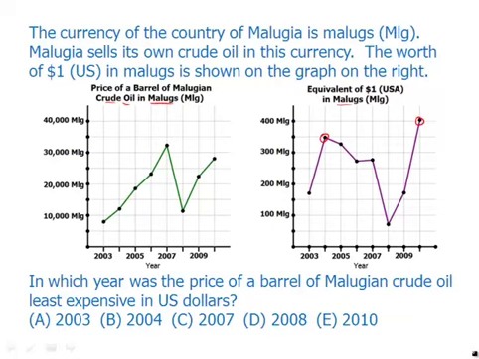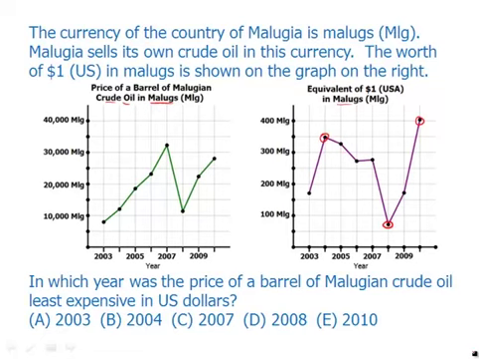In other words, the US is buying lots of Malugs, and so it would make it easier to buy anything sold in Malugian currency. When we got to here, this is a year that it's much harder to buy Malugs. In other words, a US dollar is worth less than 100 Malugs at that point. Okay, that's the lowest. So that's when the Malugs are most expensive in terms of US dollars.